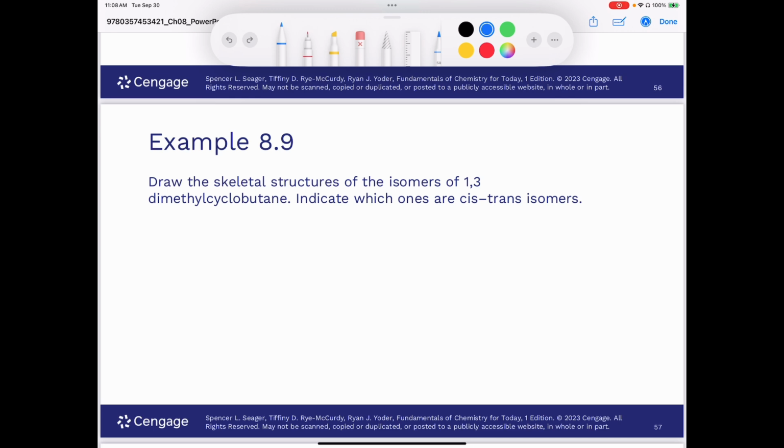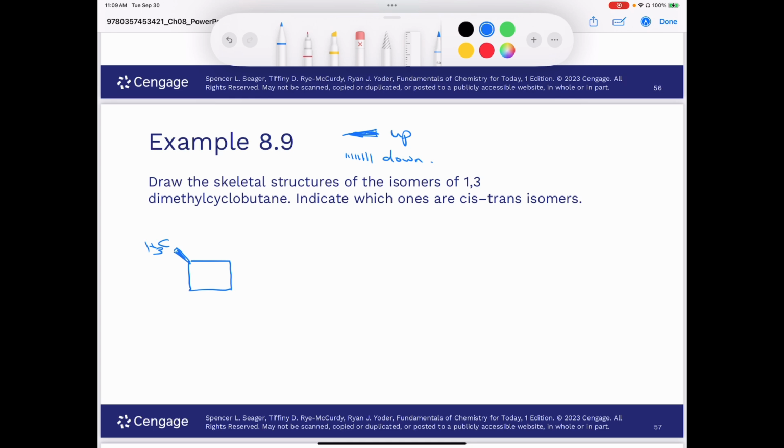If we draw cyclobutane like this, it says here 1, 3. So we could have the two methyl groups on the same side. And instead of using what we saw in the previous slide, which we call a Haworth projection, I'm going to use a wedge like this to mean that the methyl group is going up. A shaded-in wedge means it's coming up, and a dash like this means it's going down into the page.